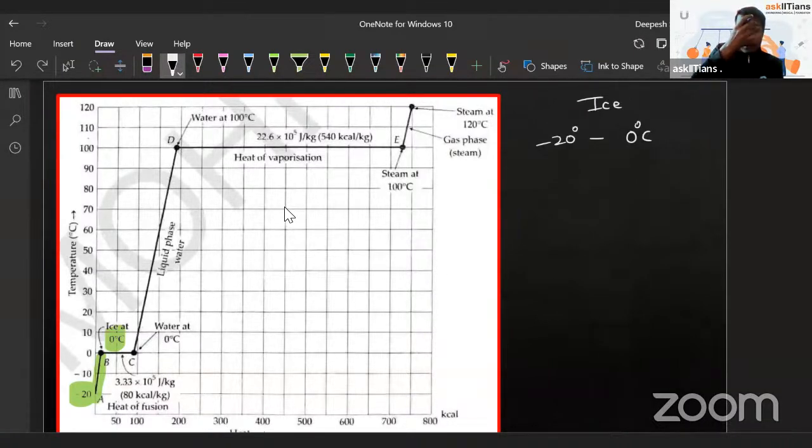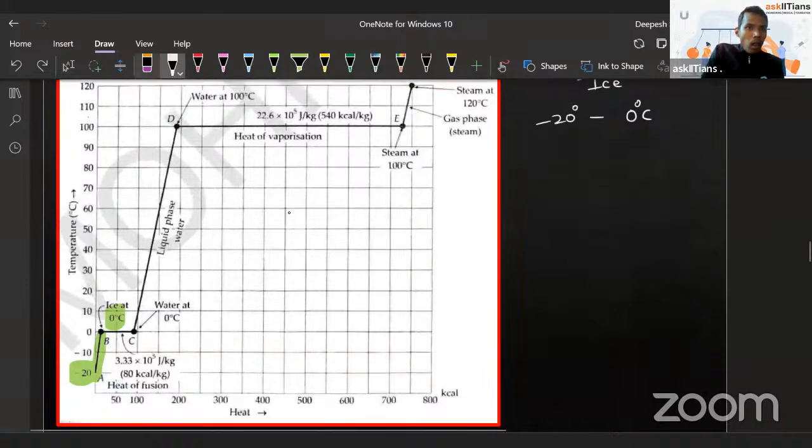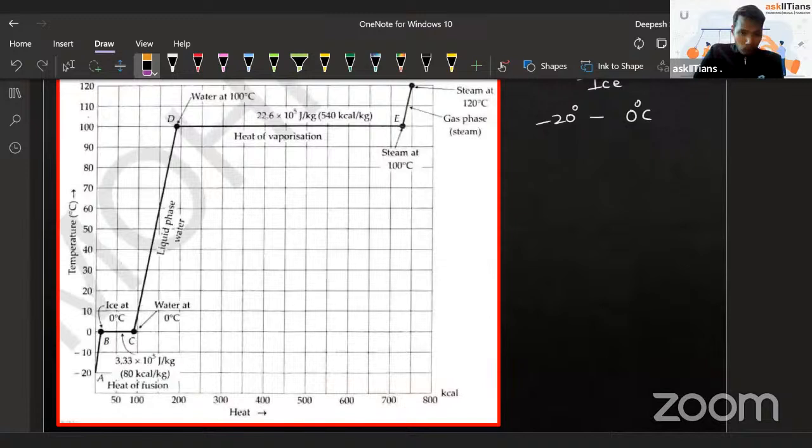Now, if you will see the second stage, that is from point B to point C. If you are going from point B to point C, the temperature is not changing.